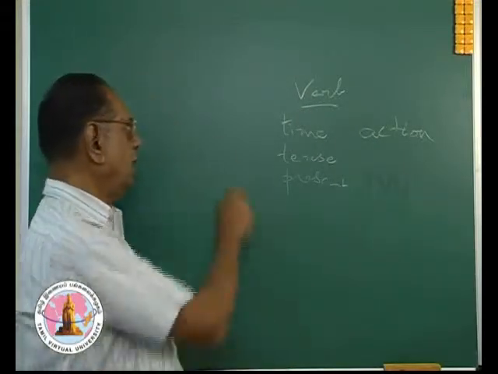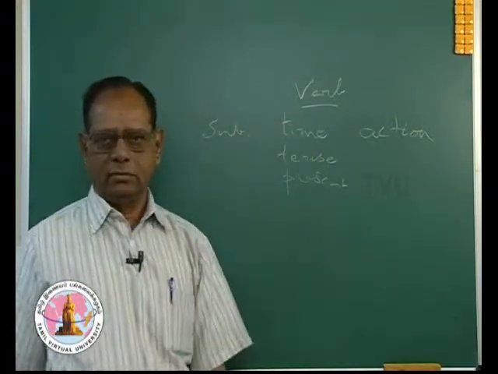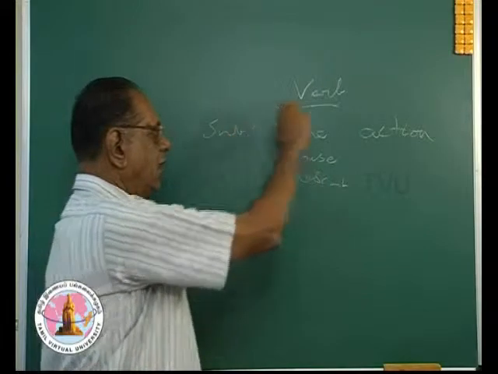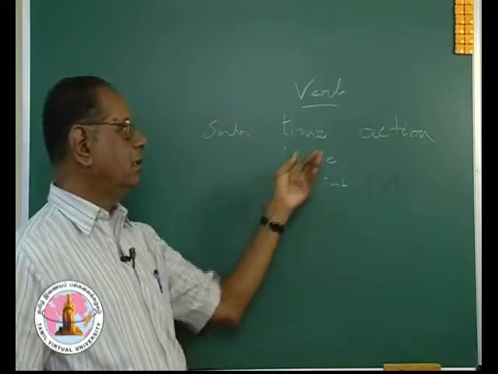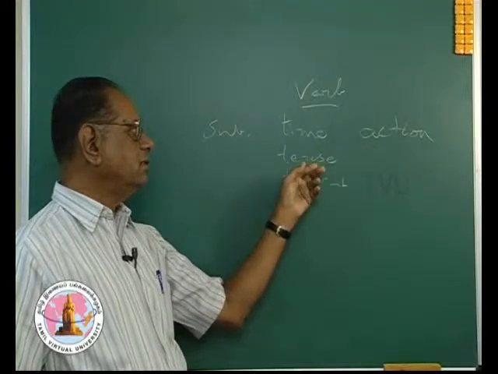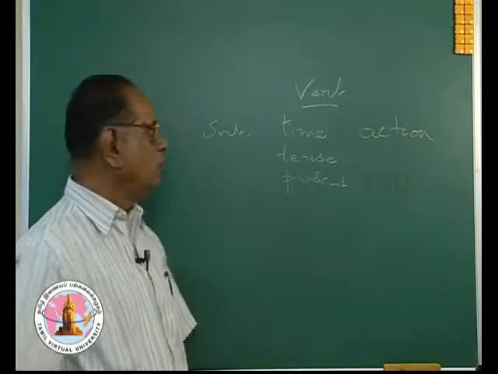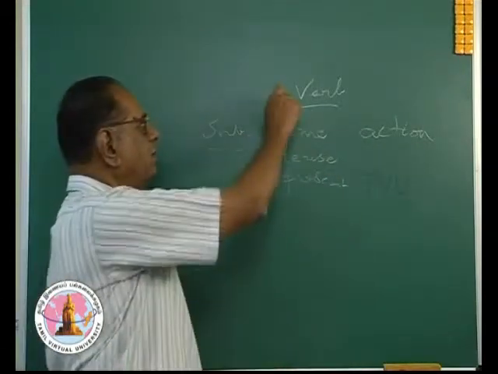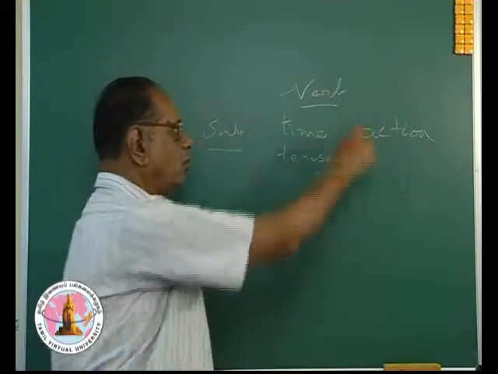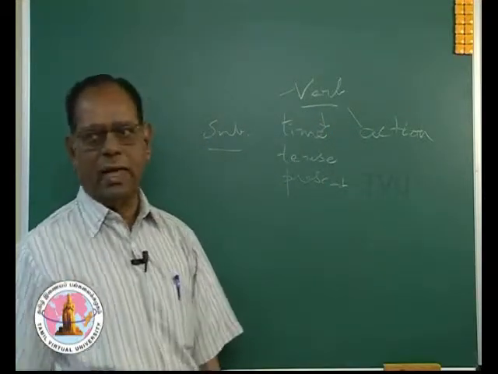That is to say, you have the subject, and the subject acts, and the verb gives the tense or the time of the action undertaken. So you must have a subject, you must have a verb which will denote the action and the tense or time.